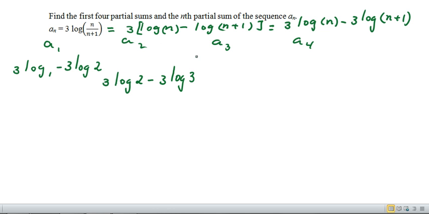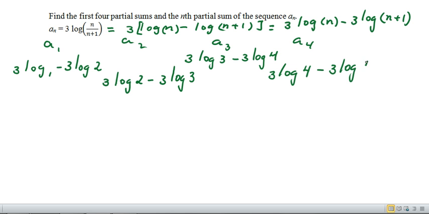For a sub 3, it would be 3 common log of 3 minus 3 common log of 3 plus 1, which would be 4. And for a sub 4, it would be 3 common log of 4 minus 3 common log of 5.